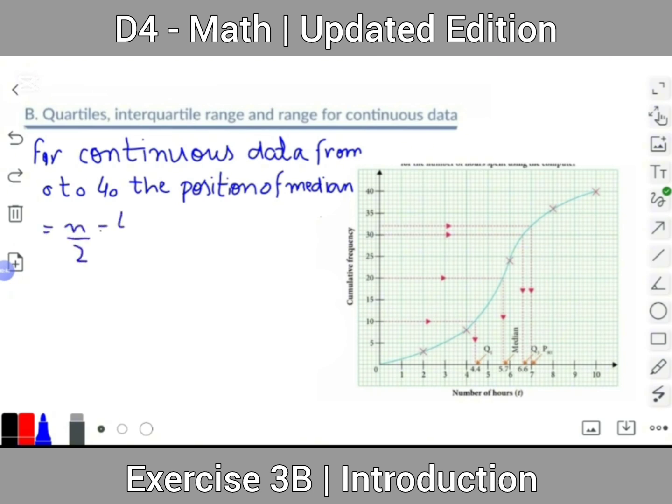So it will be equal to 40 over 2, which gives us the value 20. It makes sense because the middle of the vertical axis from 0 to 40 is 20 and not 20.5.